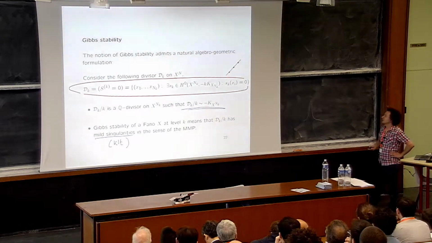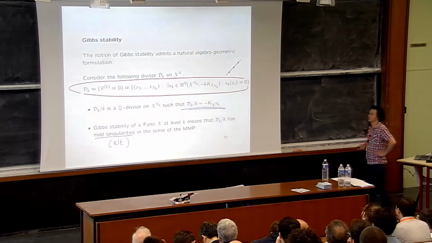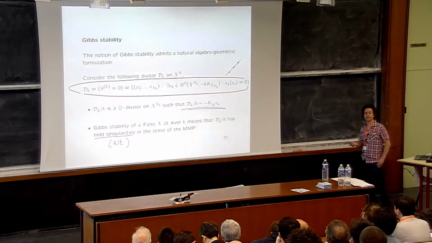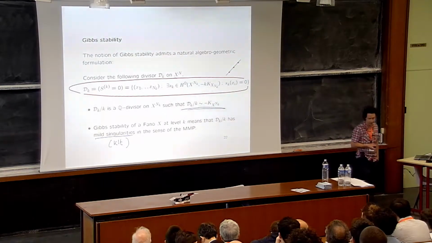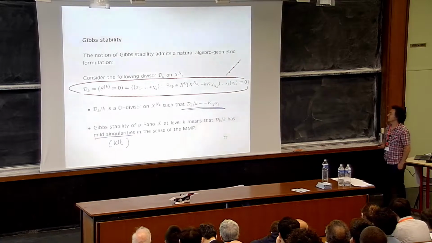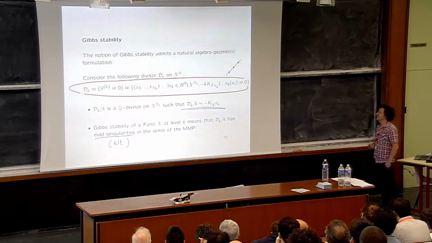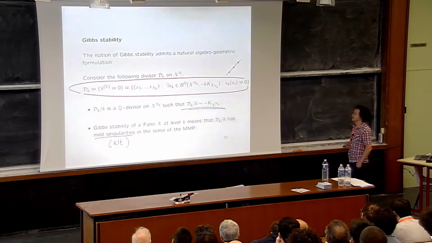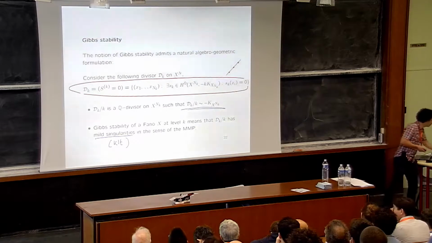If we then normalize this divisor by k, we get a Q-divisor on the product, which is linearly equivalent to the anti-canonical divisor on the product by definition. Then Gibbs stability of a Fano variety at level k means that this divisor has mild singularities in the sense of the minimal model program.